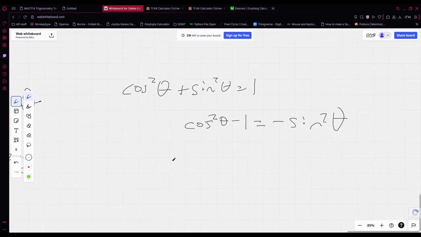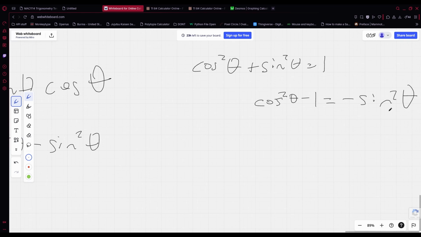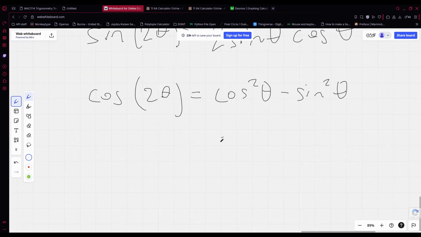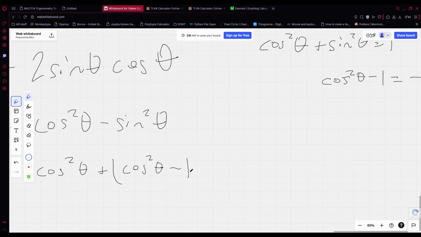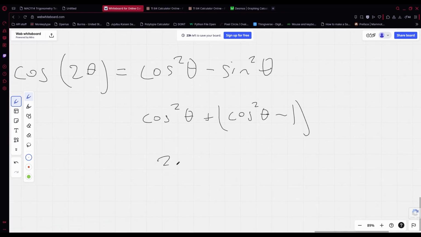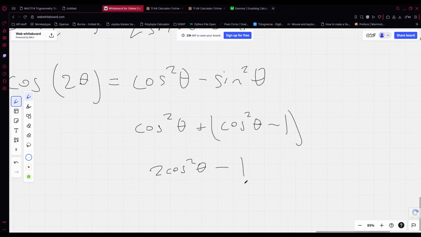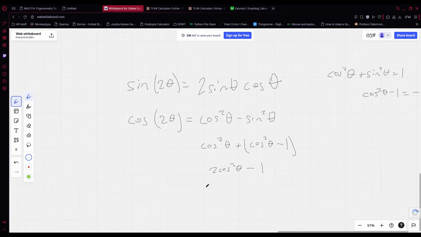Okay, so what we do is we take this and we say, okay, cosine squared theta plus cosine squared theta minus 1. That's 2 cosine squared theta minus 1. Awesome. So that is actually another variation of the cosine 2 theta.